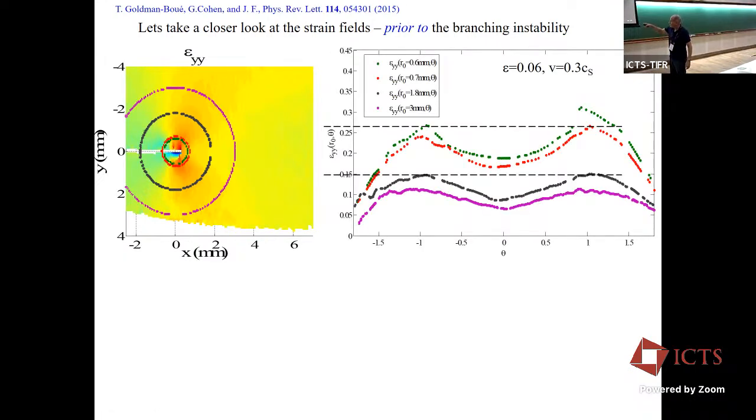So what do we see when we look at this? Each one of these colors corresponds to one of these rings. The purple one is at the largest distance from the crack tip, and the green one is at the closest distance to the crack tip. Each one of these is a function of the circumferential angle theta, and you see bumps.